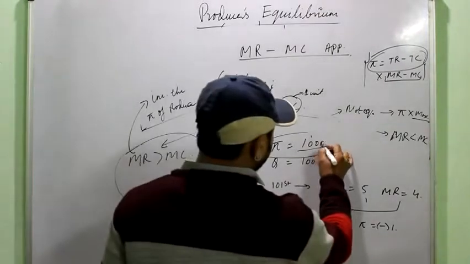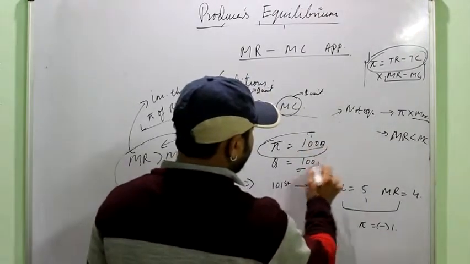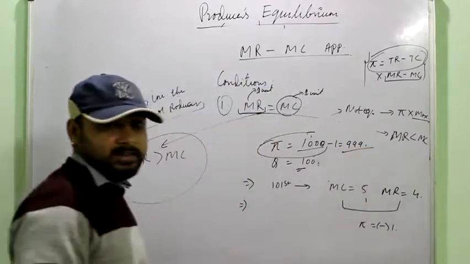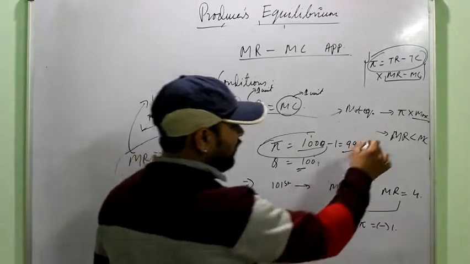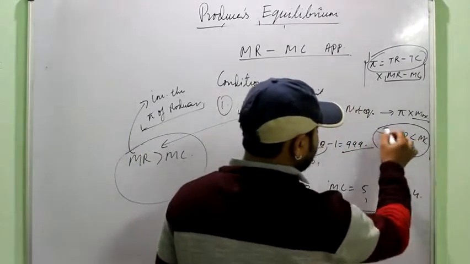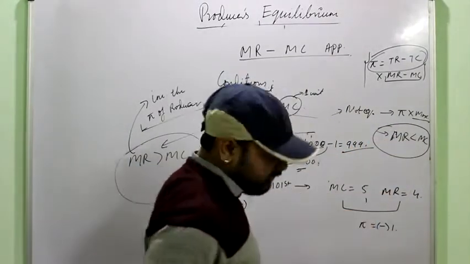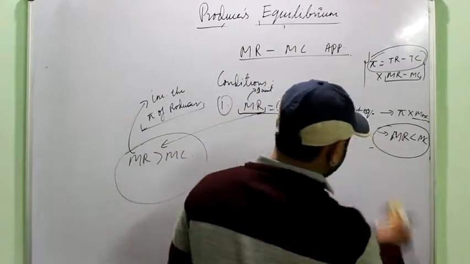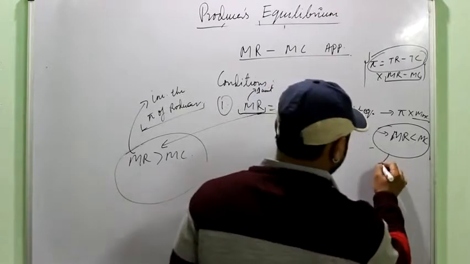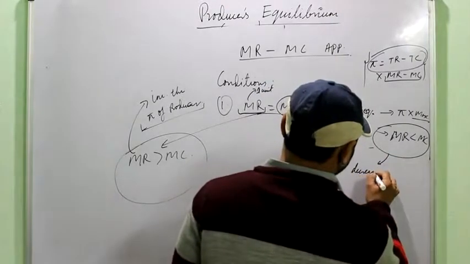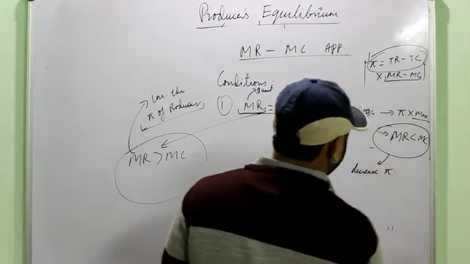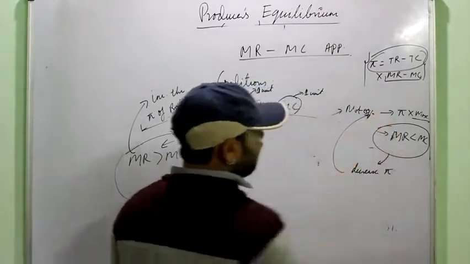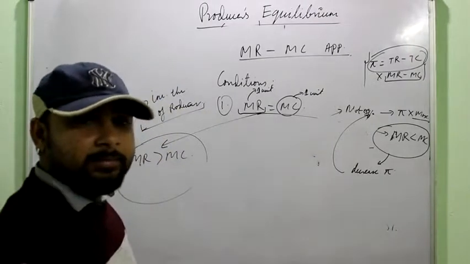So the profit which was 1000 when he was making 100 units will drop down to 999. So if for a particular unit MR is less than MC, all such units will decrease the profit of the producer. So they lead to a decline in the total profit, and again the producer cannot be in equilibrium because profit will not be maximum.